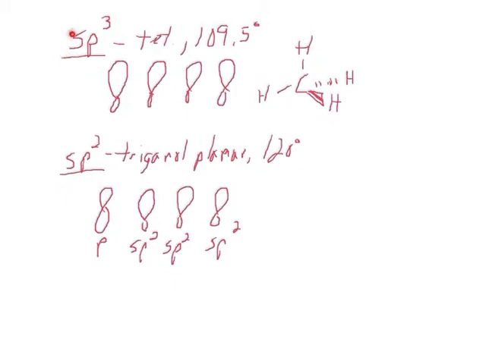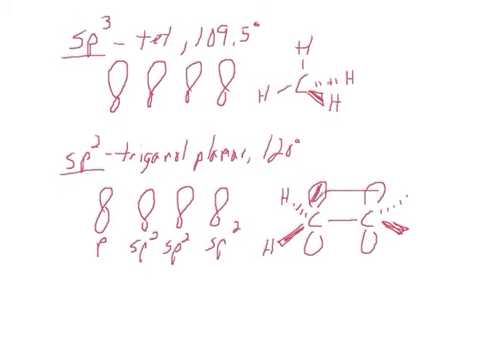These sp2s are 66% p, 33% s. And the way these will look is you'll see the p orbital. The pi bond is shown here. That's an example of an sp2 hybridized.